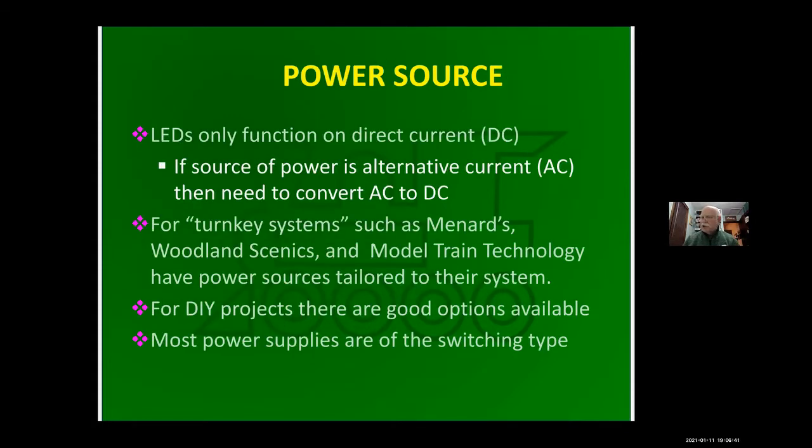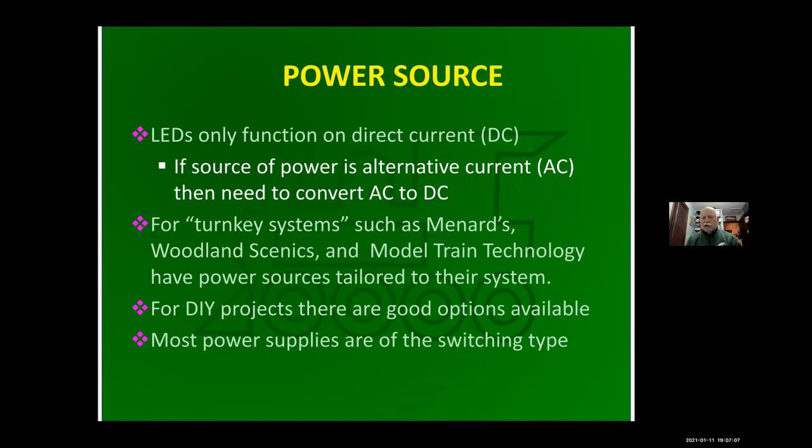Some of you may still use little incandescents, but I do not, so maybe some of this won't relate to you. LEDs need direct current, so if your source of power is AC, you need to convert that to DC. Most of us have AC come into the house, so you're going to have to buy something that makes that conversion.